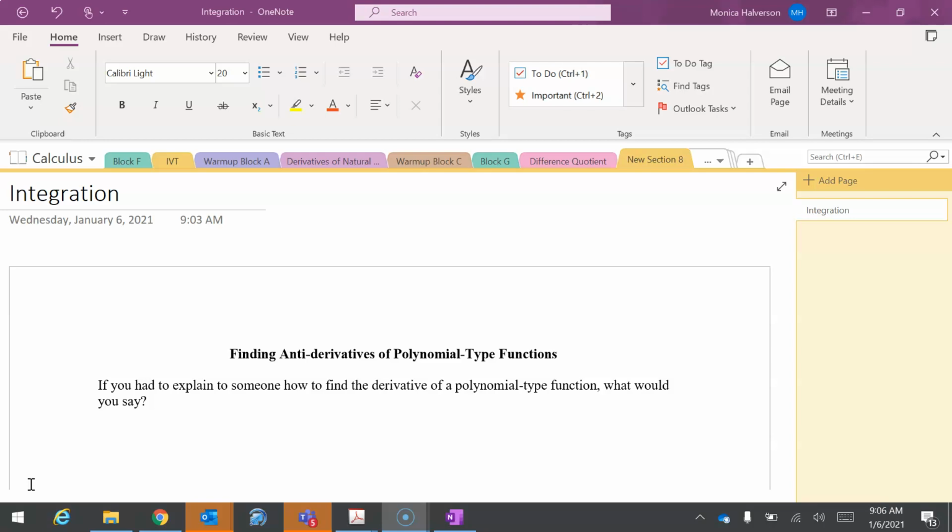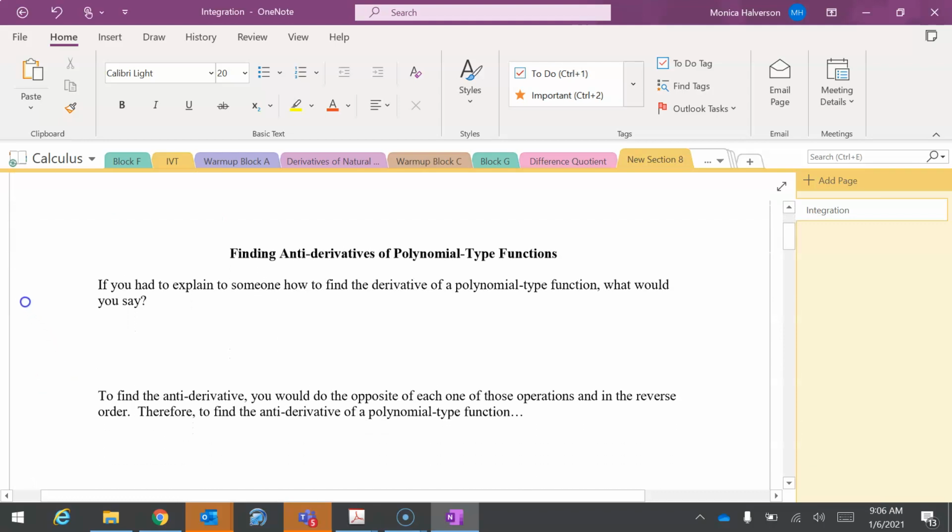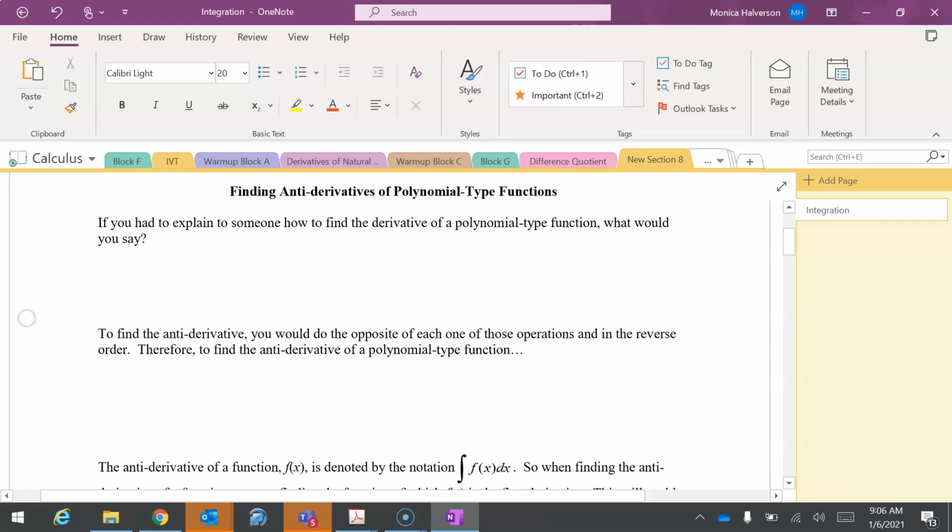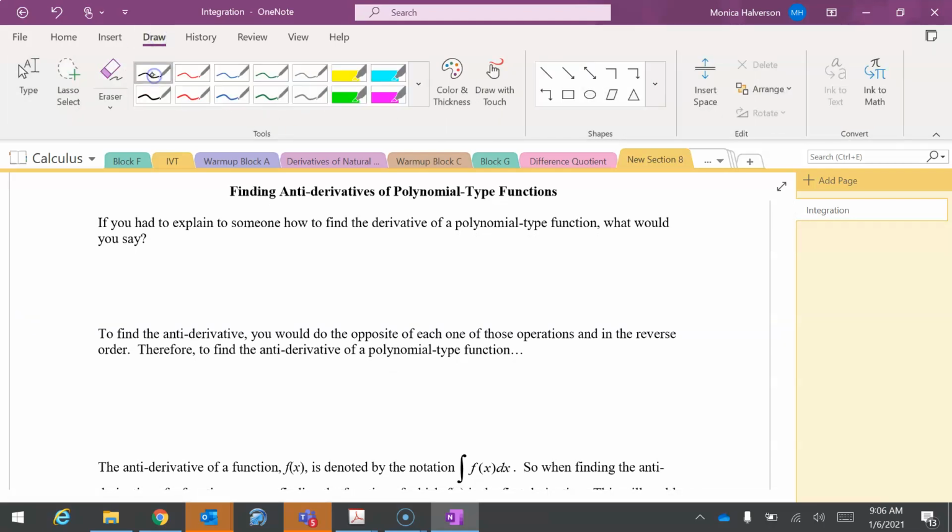So let's first remind ourselves, if you had to explain to someone how to find the derivative of a polynomial type function, what would you say? How would you explain it? Well, typically what we would say is the first thing we would do is multiply the exponent by the coefficient of each term.